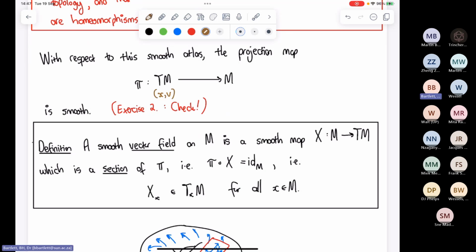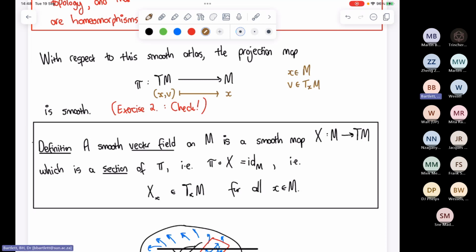Remember, a point in the tangent bundle is a pair consisting of a point in M and a vector in the tangent space at that point. It sends such a point in the tangent bundle and just projects it down to x. So that's a certain function from TM to M, and with respect to this atlas that I've just defined, this function is going to be smooth.